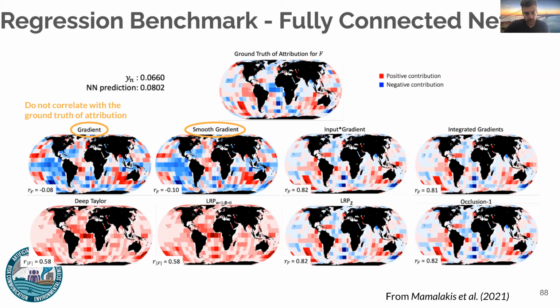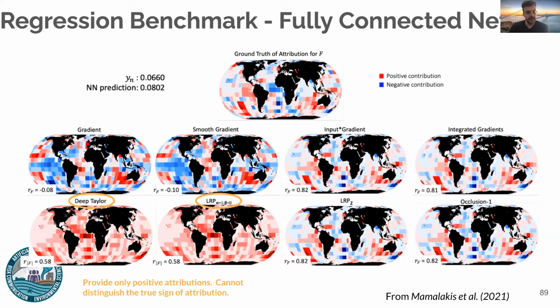The second thing we can notice very quickly in the next slide is that the deep Taylor and the LRP alpha 1 beta 0, for example, these two methods provide only positive attribution. So according to these methods, all the pixels are contributing positively to the network prediction.